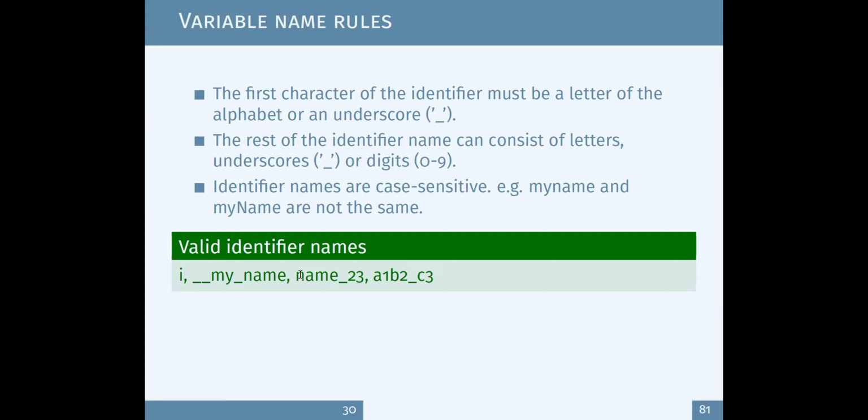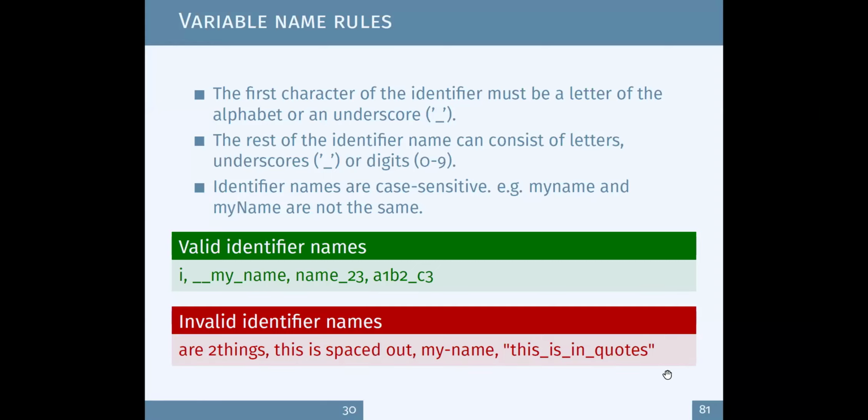Again, valid because you start with a letter and after that you have letters, underscores, and digits. Look at the fourth one. It starts with A and then 1B2 underscore C3. After the first character, you have numbers, letters, and underscores. That's all. So all these names are valid identifiers.